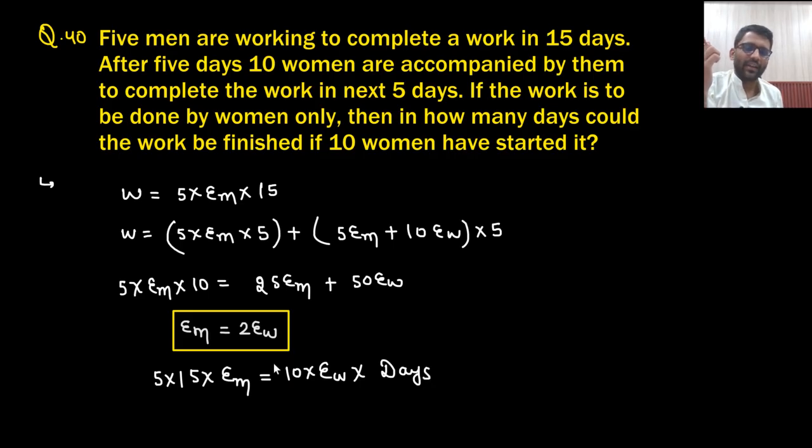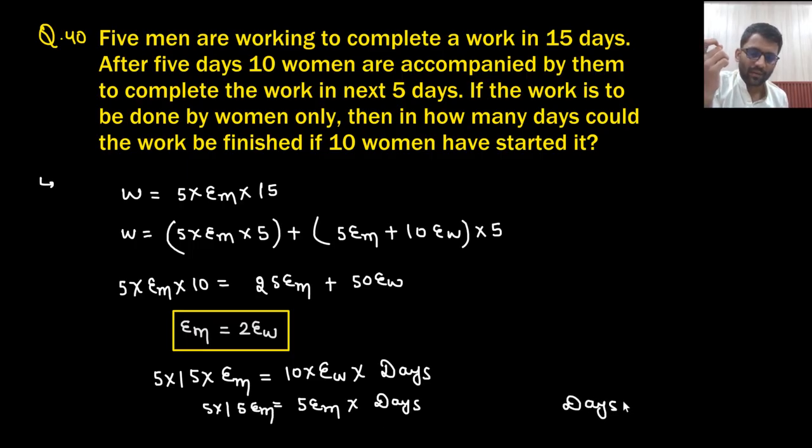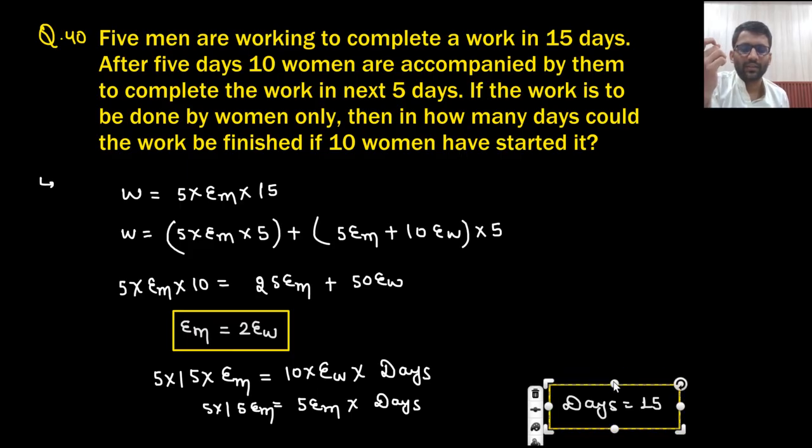Now efficiency of woman I can replace with EM by 2, right? So it would be 5 EM into days, that is equal to 5 into 15 EM. So days will be 15 days. So for women, it would take 15 days if they were working alone.